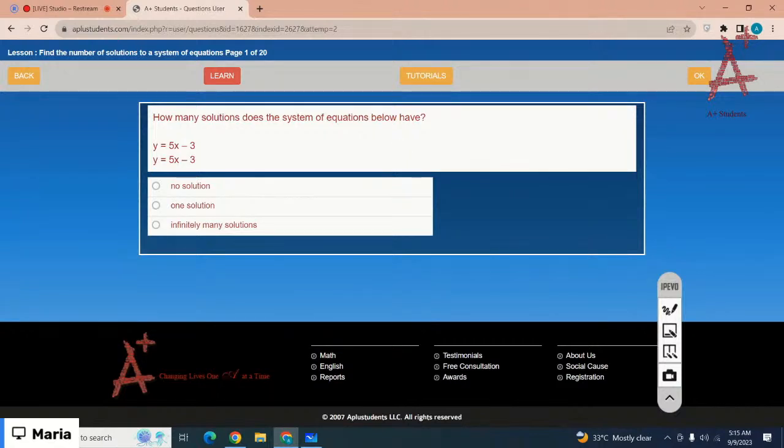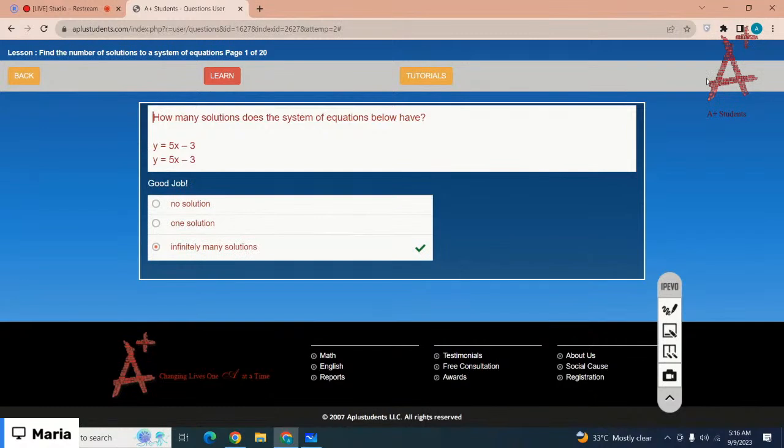They have the same slope and the same y-intercept. So when you have two equations that have the same slope and the same y-intercept, that means the equations are identical and they have infinitely many solutions, right? So option number 3 is the correct option. That would be infinitely many solutions.